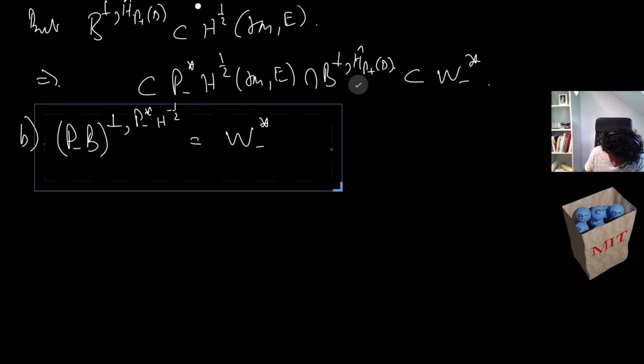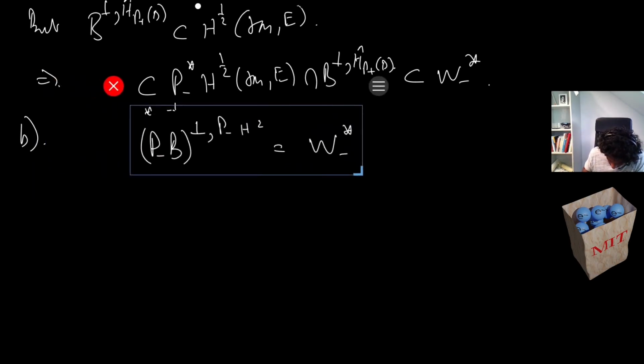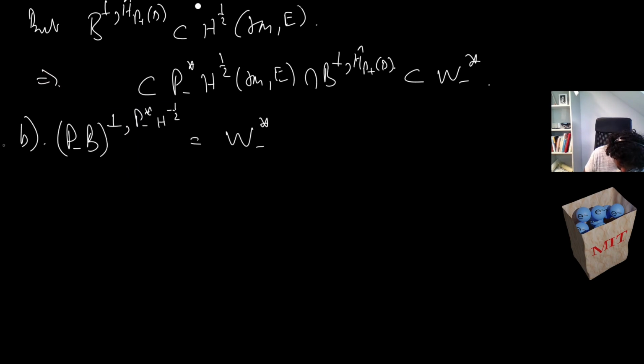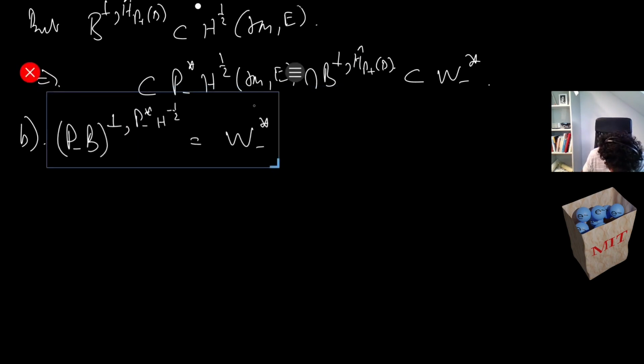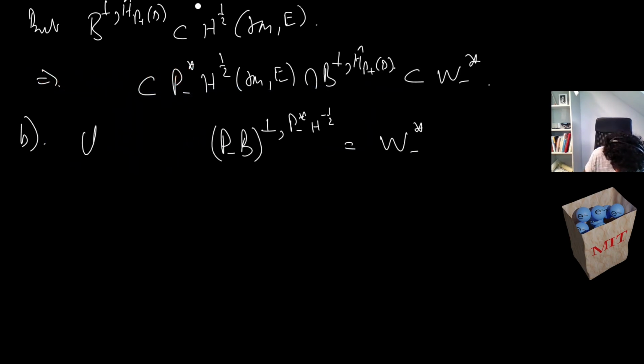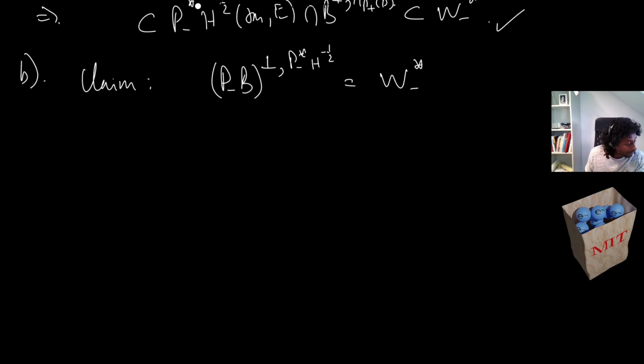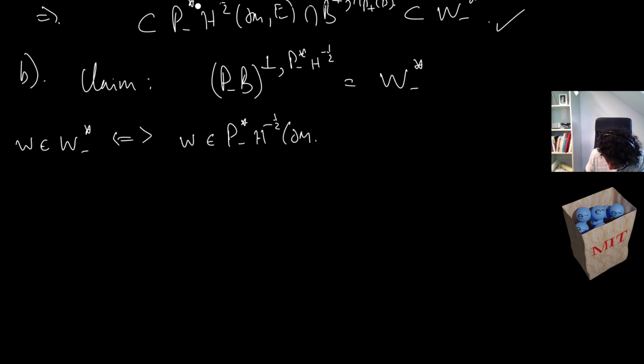So maybe I'll write claim here. And I'll put a tick here, so that's the second claim. So W in W minus star happens if and only if W is in P minus star H minus a half, so using A, right?